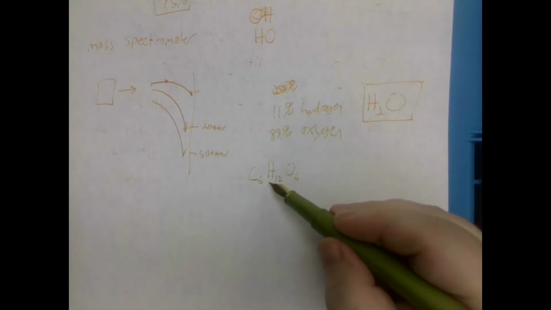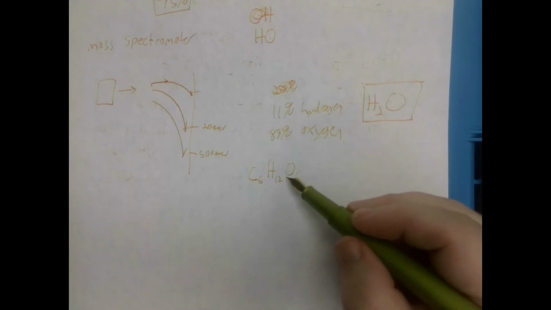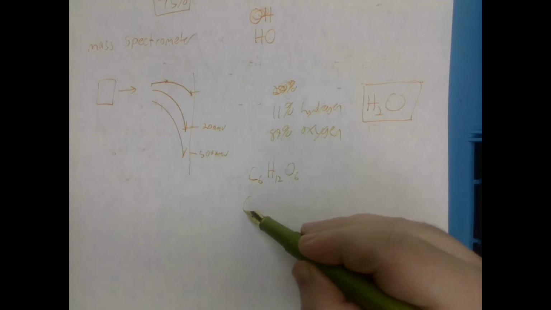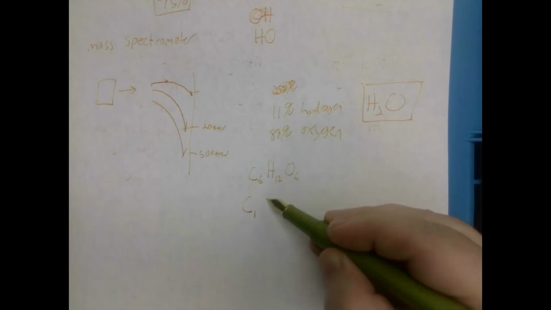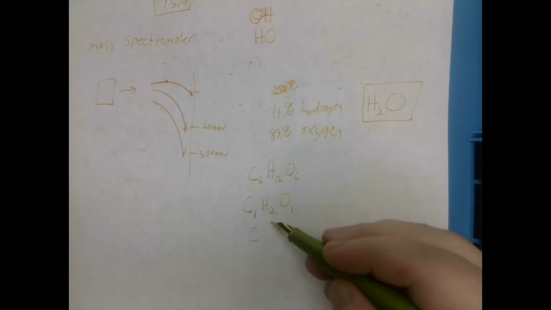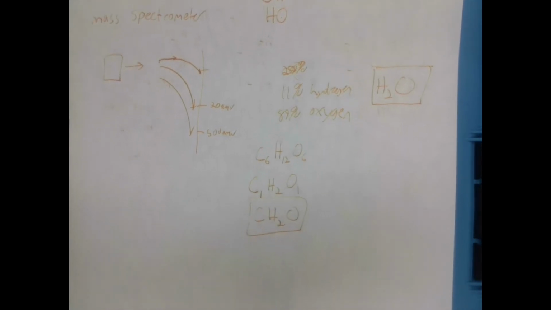We see the greatest common denominator of these is 6. So we divide everything by 6. 6 divided by 6 is 1. 12 divided by 6 is 2. 6 divided by 6 is 1. And we omit the 1s and we get this.